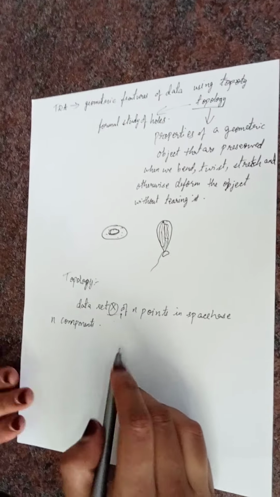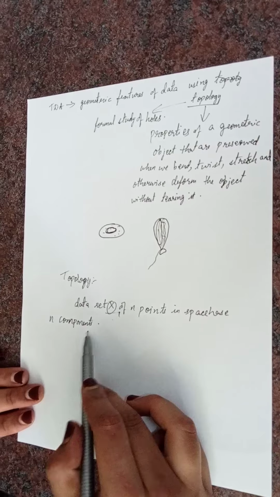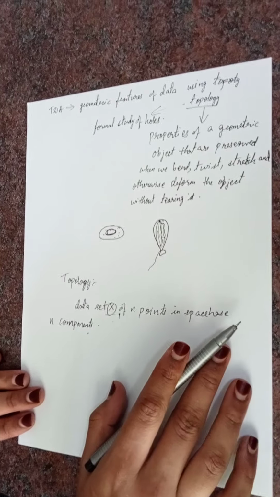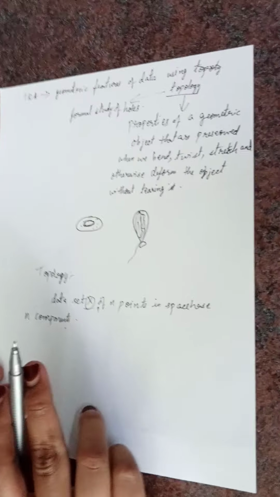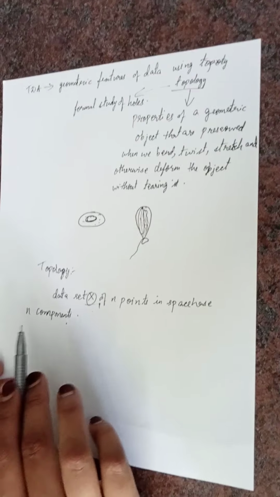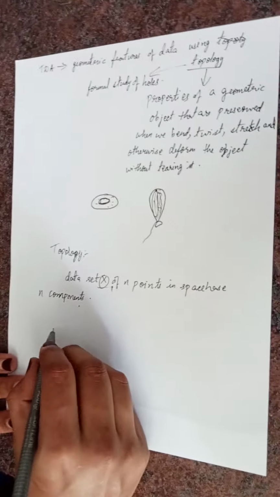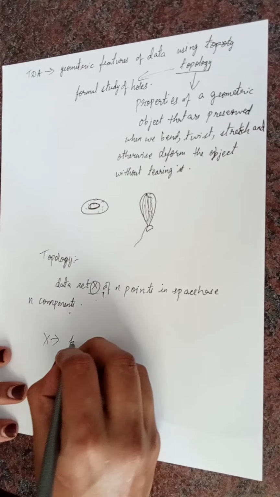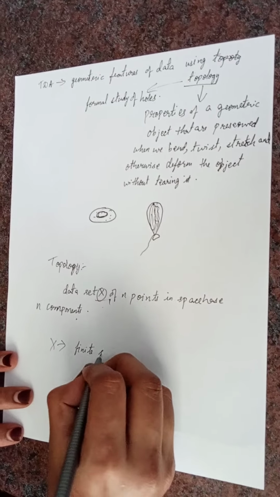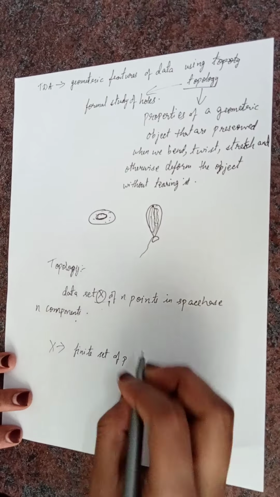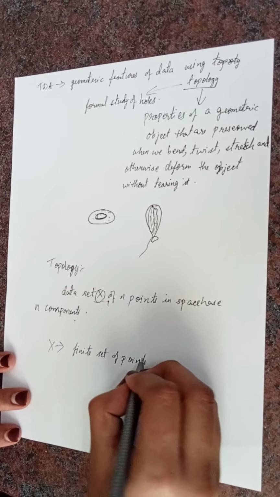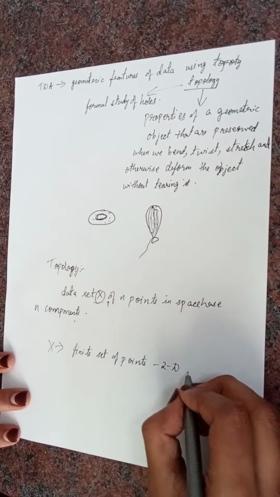To study X using topology, we will consider not the topological properties of X directly, but rather the topological properties of a thickening of X. Assume that X is a finite set of points in 2D space.